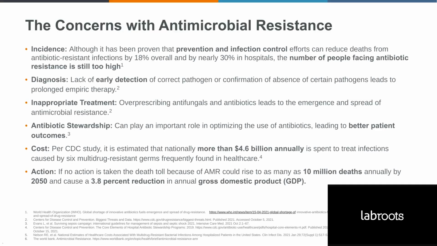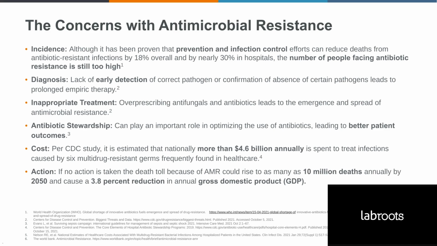There are multiple concerns with antimicrobial resistance. One fact is that although it has been proven that prevention and infection control efforts can reduce deaths from antibiotic-resistant infections, the number of people facing antibiotic resistance is still too high. The lack of early detection of a pathogen, or confirmation of the absence of certain pathogens, leads to prolonged empiric therapy, which also contributes to the emergence of antimicrobial resistance.